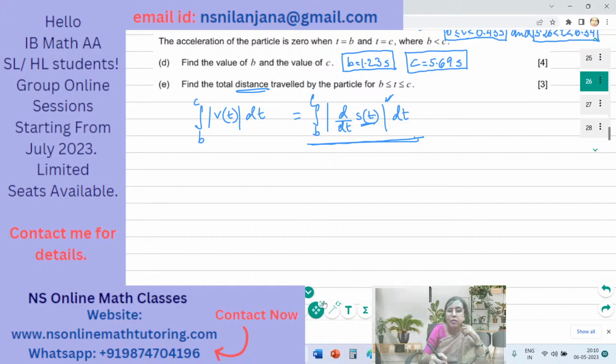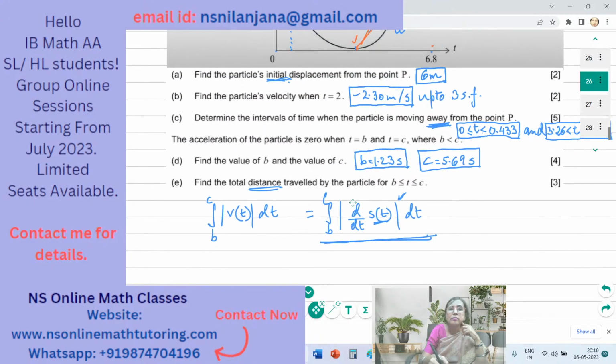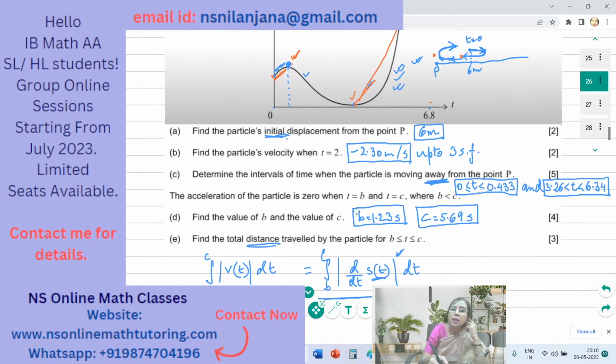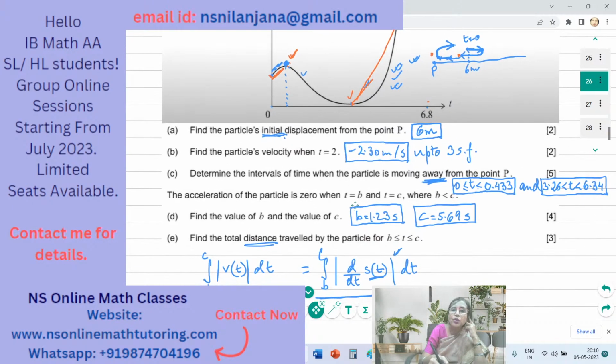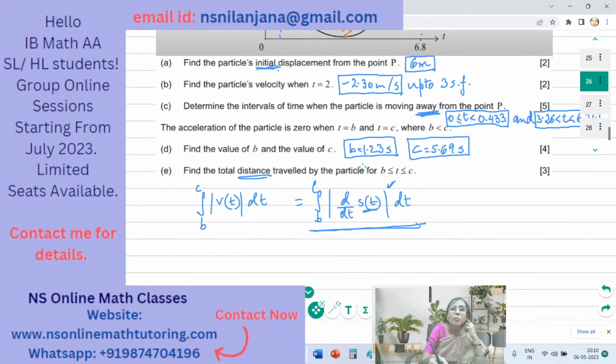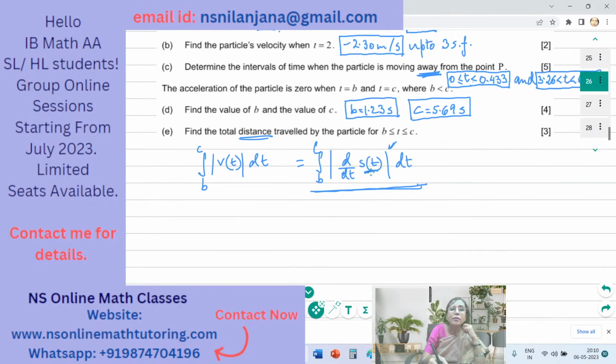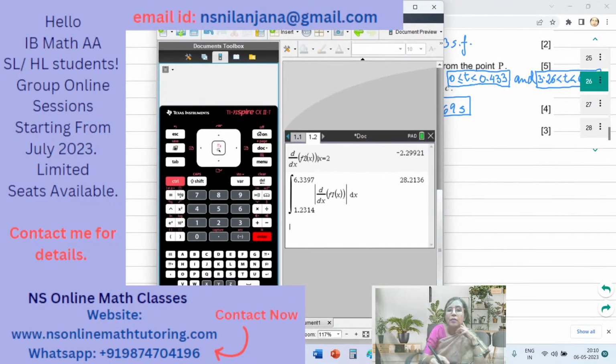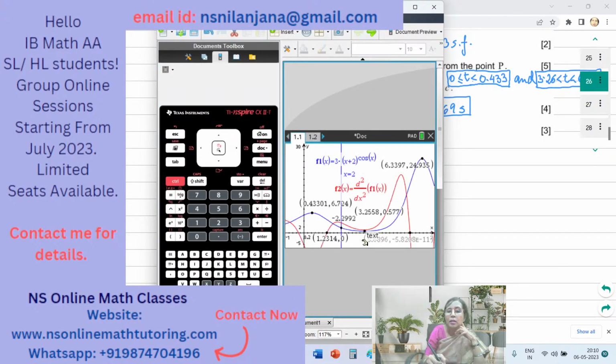They are saying from B to C, right? From B to C, let me see the graph. B is this, C is that.